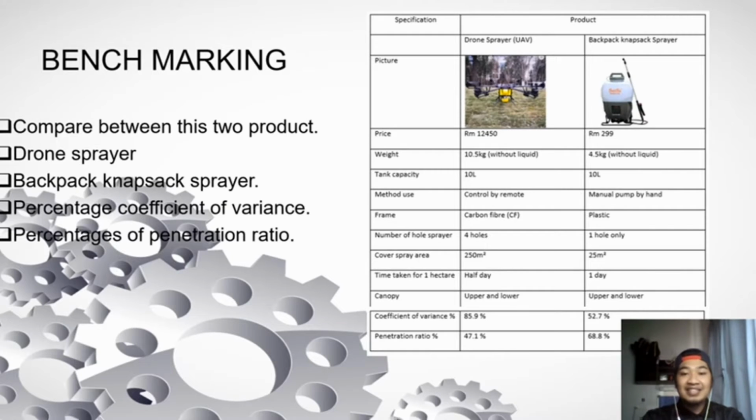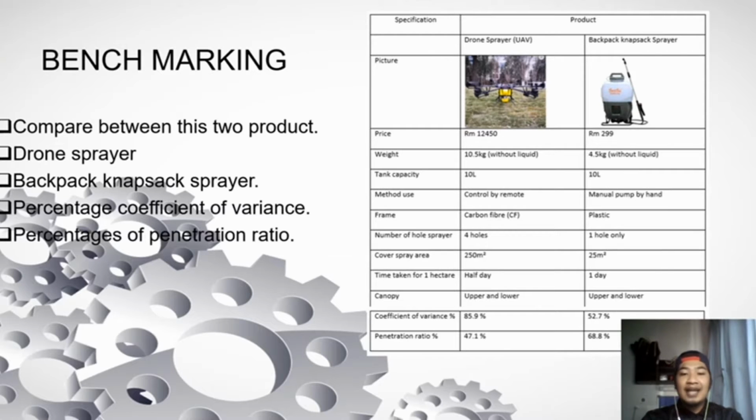The products we researched for benchmarking are the drone sprayer, UAV, and also the backpack knapsack sprayer used in the agriculture industry. We also did a comparison between these products, starting with their price, tank capacity, time taken for 1 hectare, and also focusing on the coefficient of variance and penetration ratio.